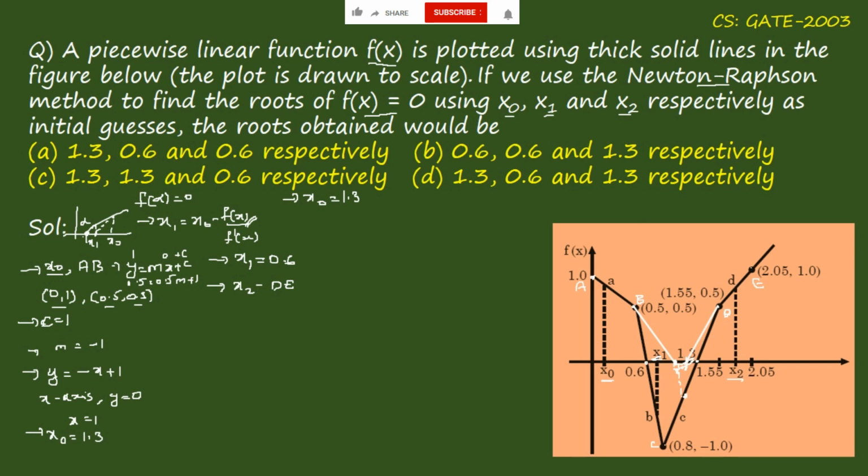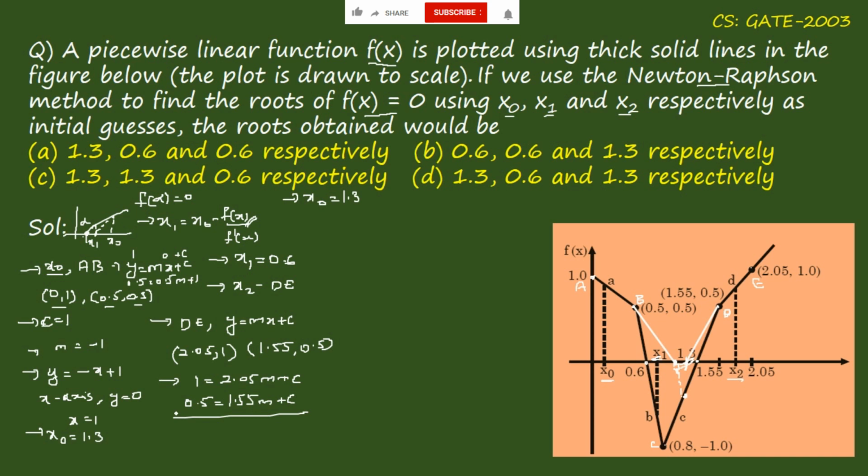We define the function from D to E as y = mx + c, and the points are given as (2.05, 1) and (1.55, 0.5). Substituting the values here, we get 1 = 2.05m + c and 0.5 = 1.55m + c.